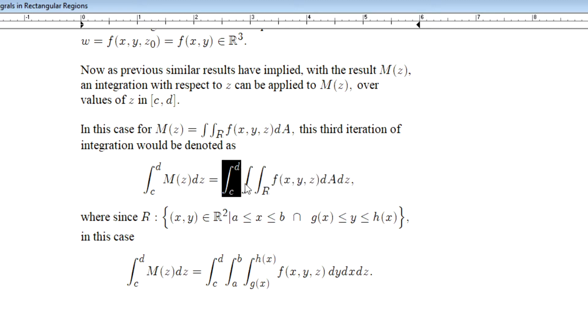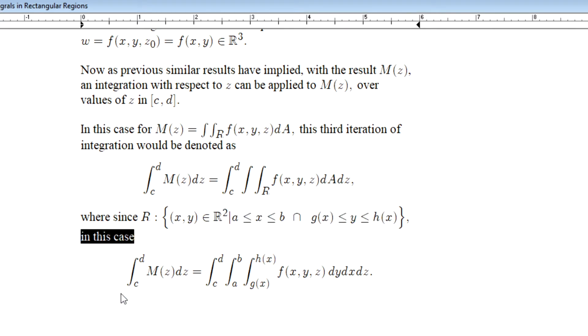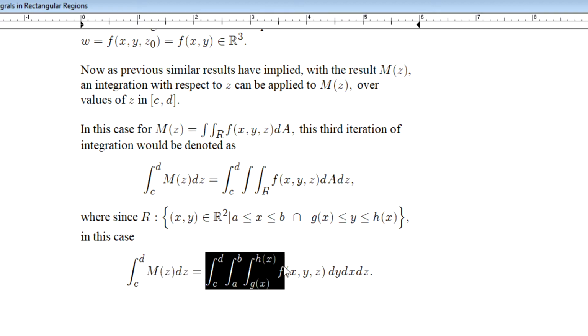This single integral operator with respect to z applied to this double integral operator is what's going to form what we understand as a triple integral. We can start to see that triple integral setup, where since R is defined as what we had noted above, the single integral operator applied to z would then result in this triple integral here that we could define.